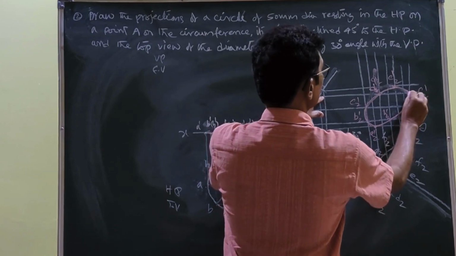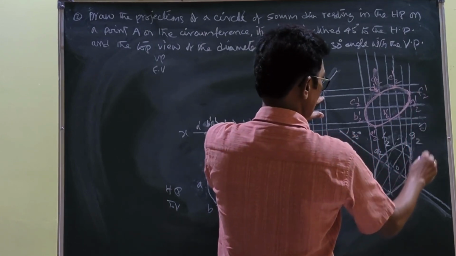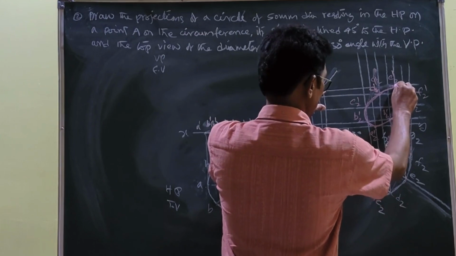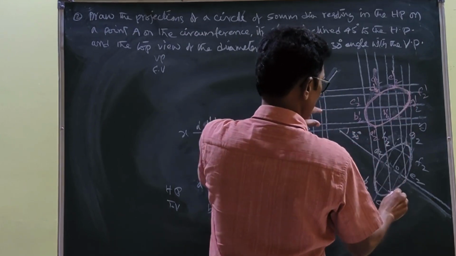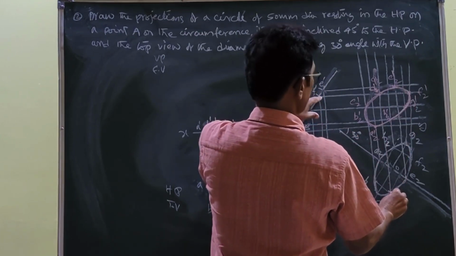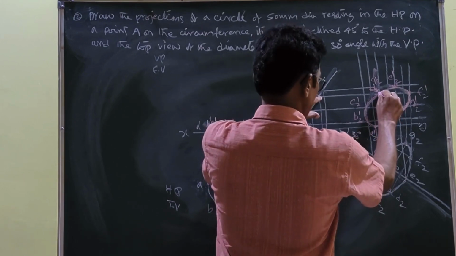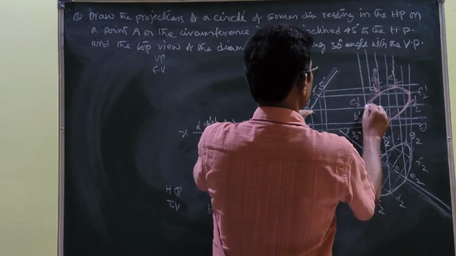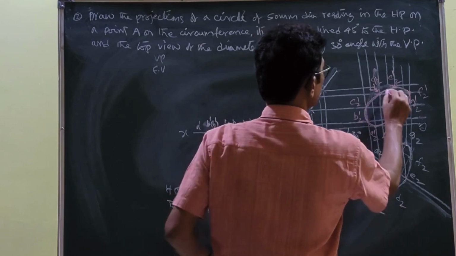F2, they met here, F1 dash. E, they met here, E2 dash. D2, they met here. C1, they met here, okay. It's over.